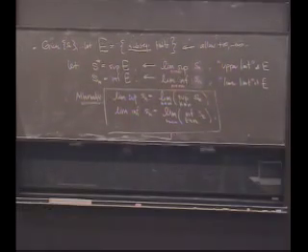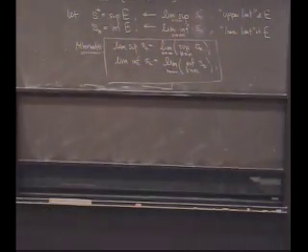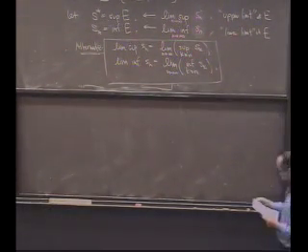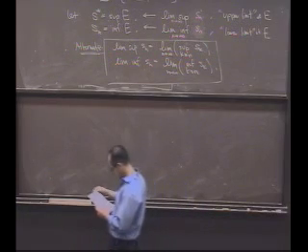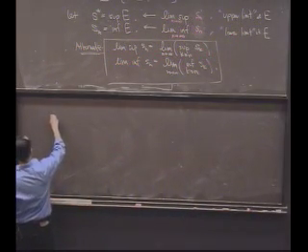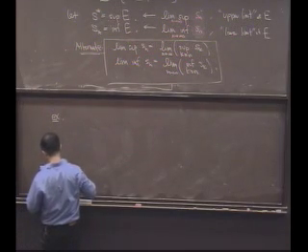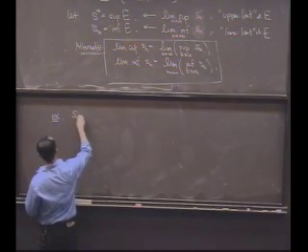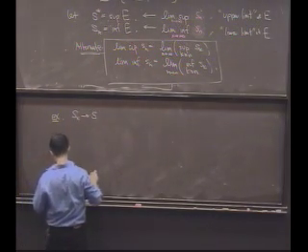Let me do some examples, and then we'll call it a day. So here's an example. Tell me what's got to be true about the lim sup and lim inf if the whole sequence converges.